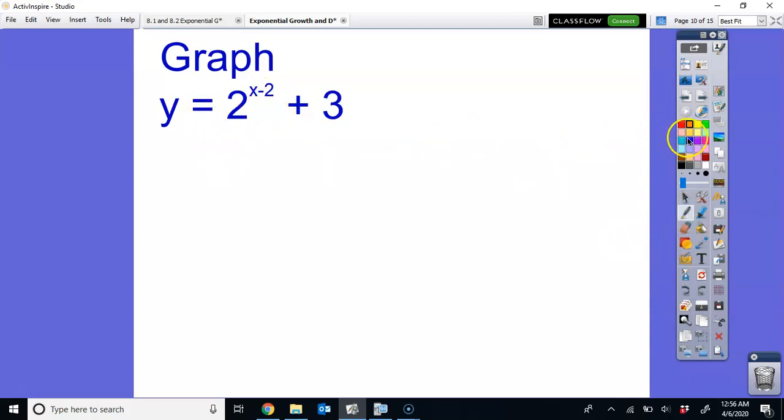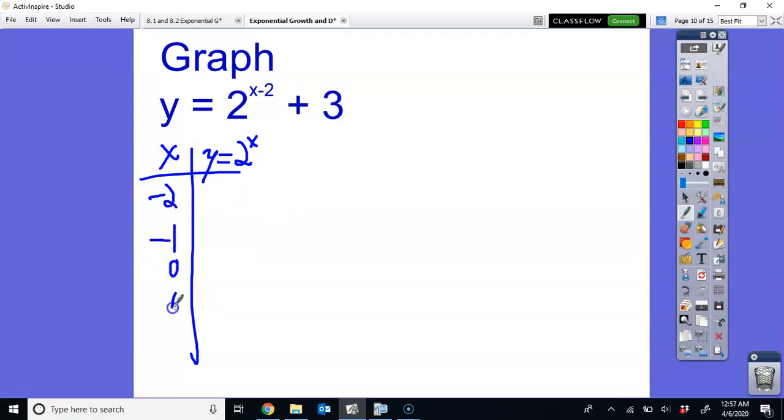If you know how to simplify this to just y equals 2 to the x, take negative 2, negative 1, 0, 1, and 2 and plug them in. 2 raised to the negative second power would be 1/4 or 0.25. 2 to the negative first power would be 1/2 or 0.5. 2 to the 0 power would be 1.